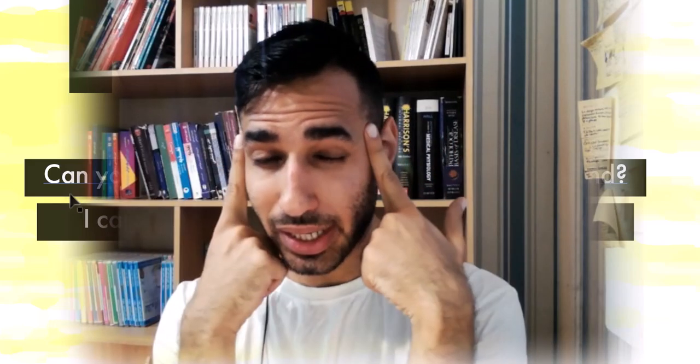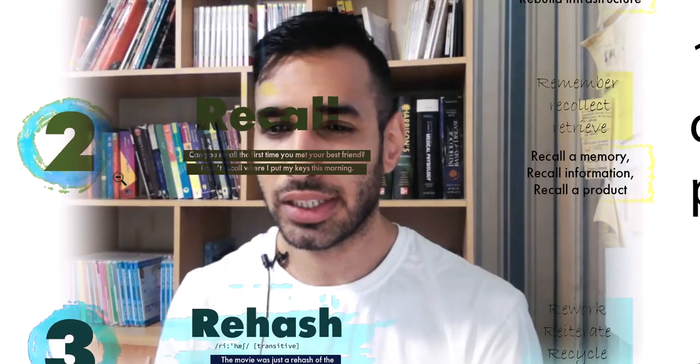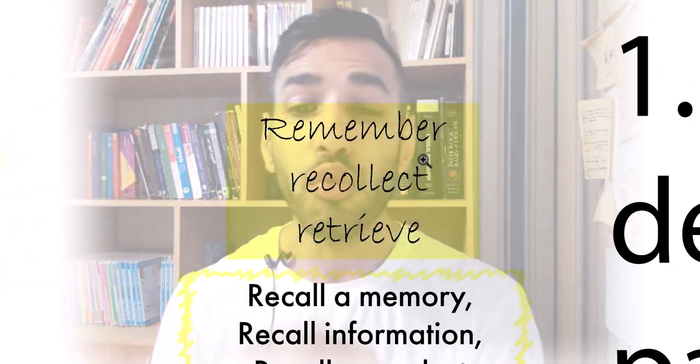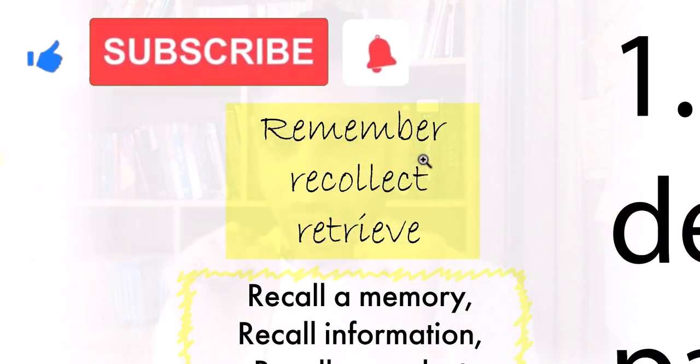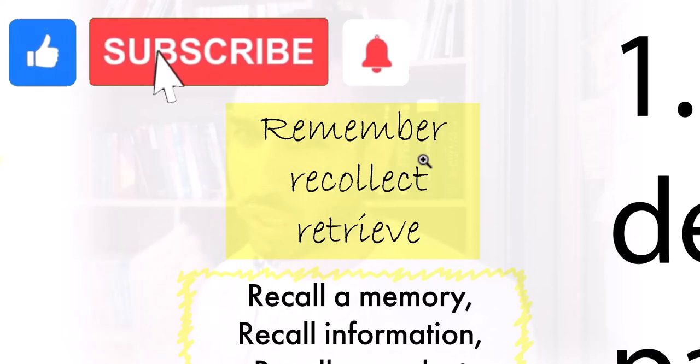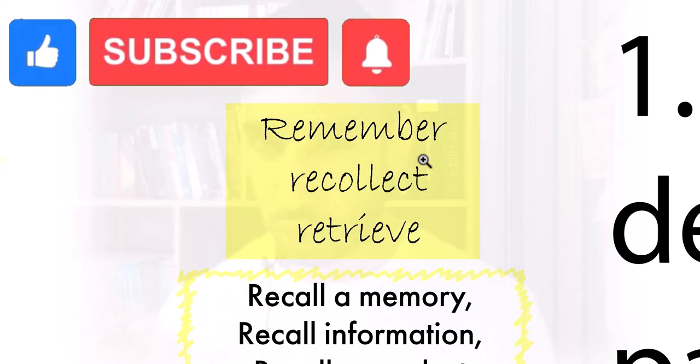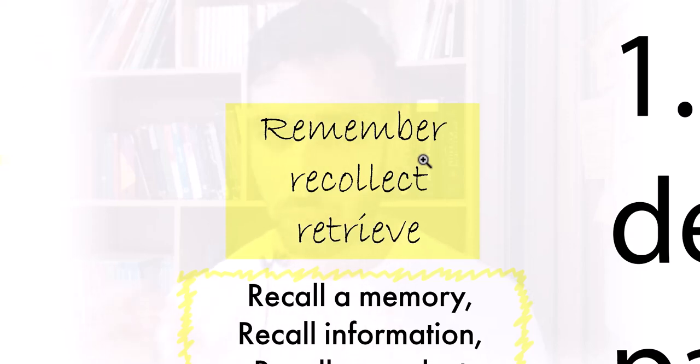Can you remember the first time? Can you bring back to mind the first time you met your best friend? And these are the synonyms: to remember, to recollect, to retrieve. 3 synonyms to recall, all of them starting with re.